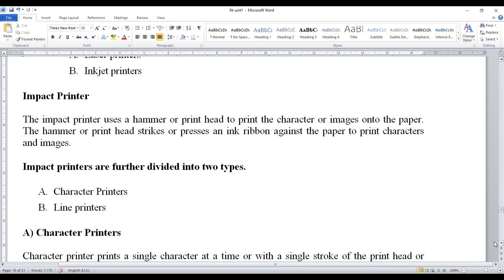To print characters and images, we use this impact printer.